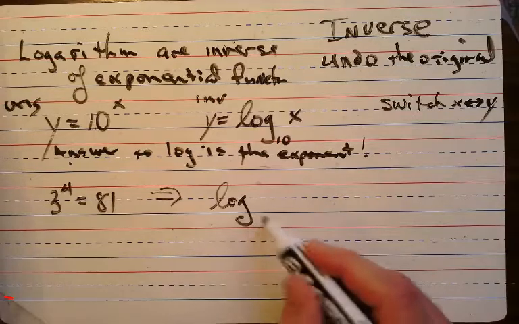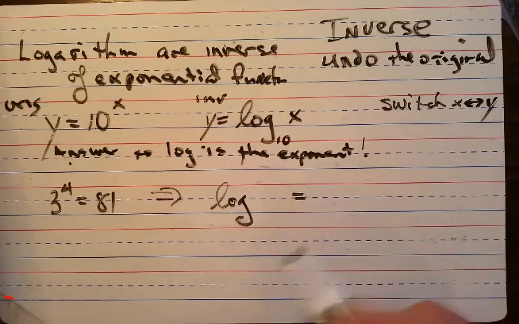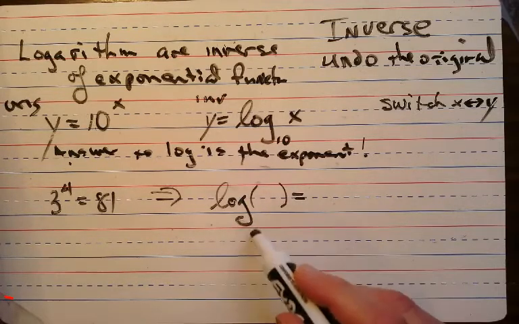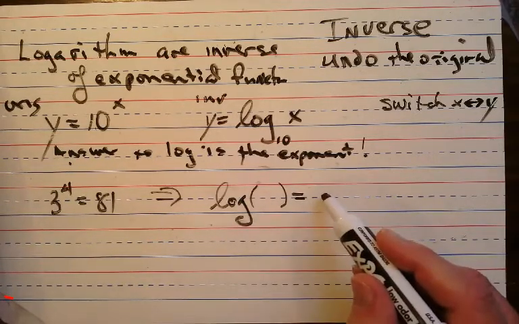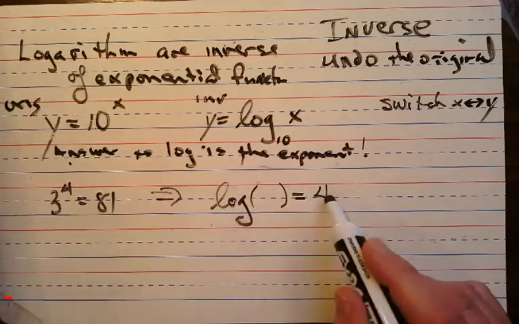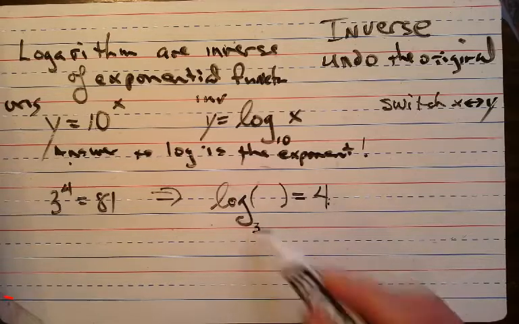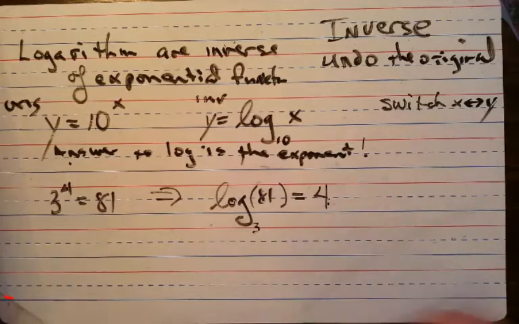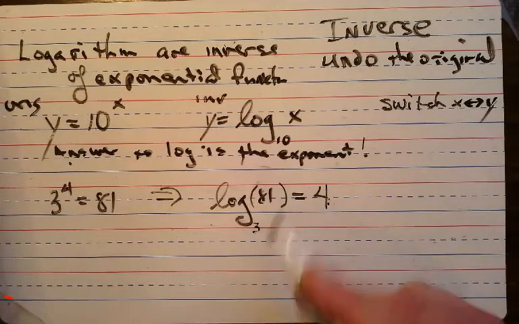Do you know what would go down here? Do you know what would go inside? Because see, there's always something inside. There's something down here, and there's something over here. Well, you know the answer is always the exponent. So 4 has to go there, right? And you know the base is the same. 3 has to go there. That means 81 is the only number that can possibly go there, right?